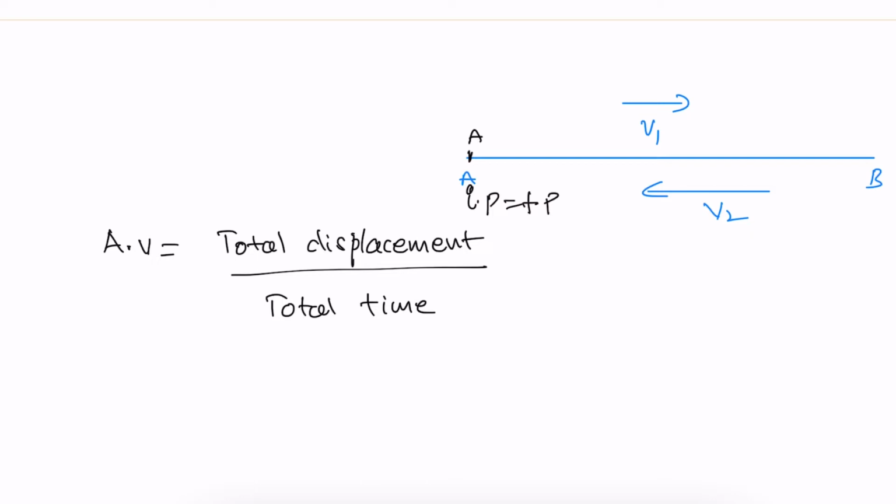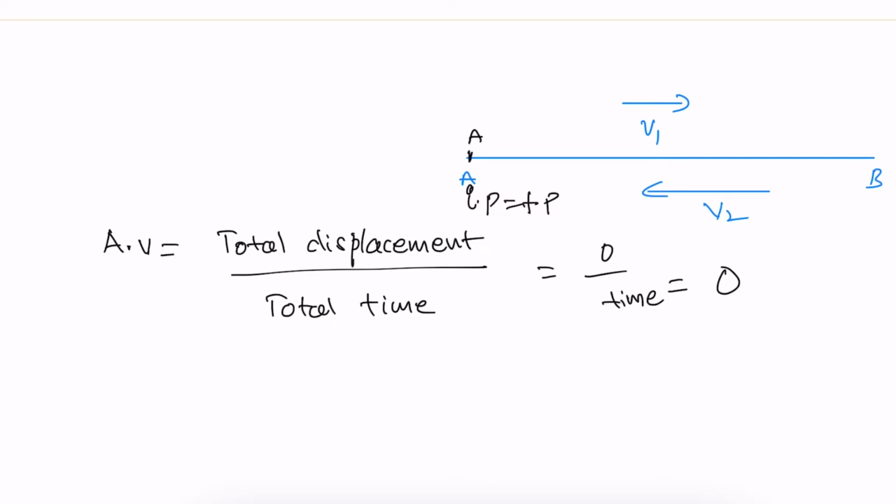When the initial and final points are the same, there is no displacement. So here displacement is 0. So whatever the time is, 0 by anything is 0. So here the average velocity is 0 because the total displacement is 0.